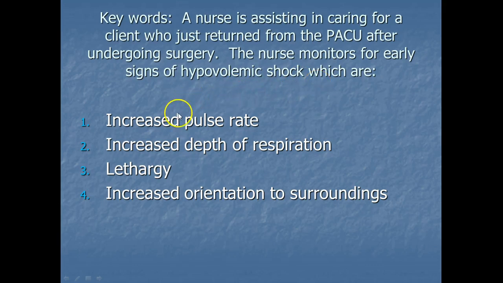So you have increased pulse, increased depth of respiration, lethargy, and increased orientation. You know that when there's hypovolemic, low volume shock, your heart needs to work harder to get the volume around. So the first thing that's going to happen is the pulse rate goes up. The other ones can eventually occur, but are not the first thing to happen, and this is actually a wrong answer.